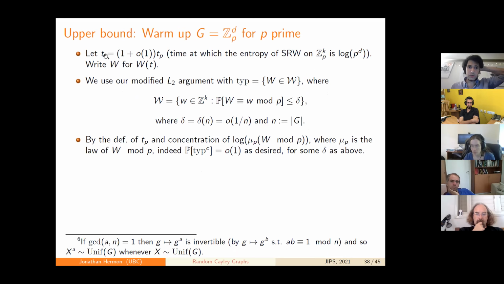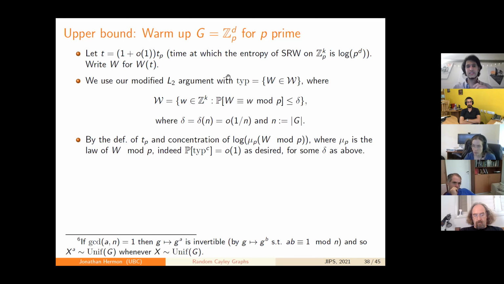Okay, so here we're looking at the time T, which is slightly larger than TP. So TP in this case is the time in which the entropy of simple random walk on Z mod PZ to the K is log size of the group. So log P to the D. Okay, and we're going to write W instead of WT just to make things look better.